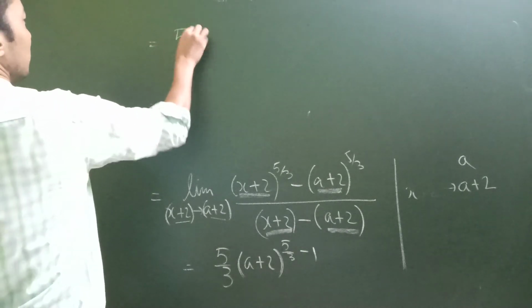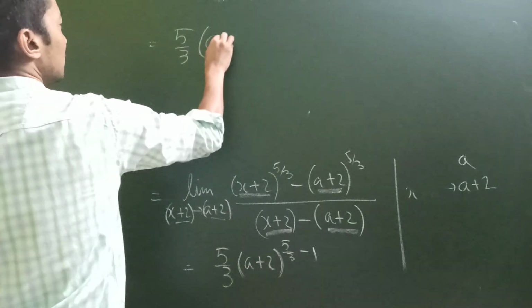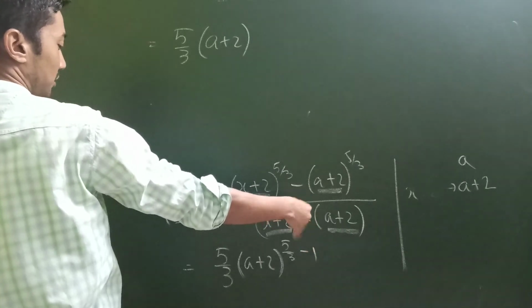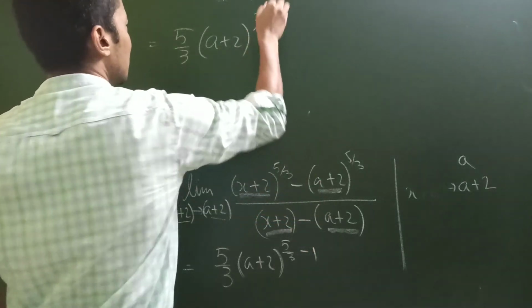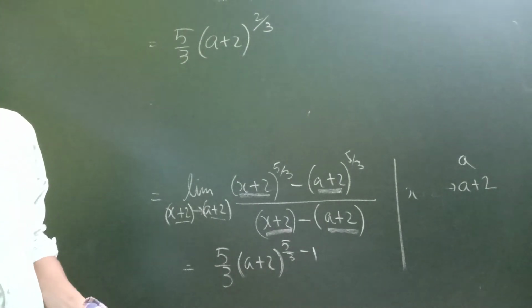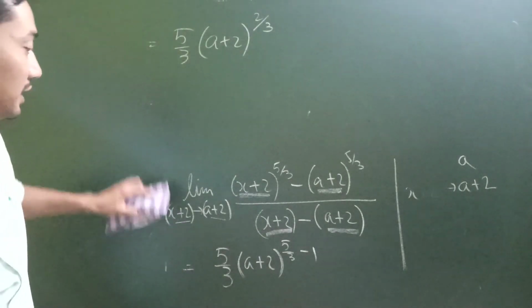So that's going to be 5/3 times (a plus 2) to the power 5/3 minus 1, that's 5 minus 3, 2 by 3. So this will be your solution: 5/3 (a plus 2) to the power 2/3.